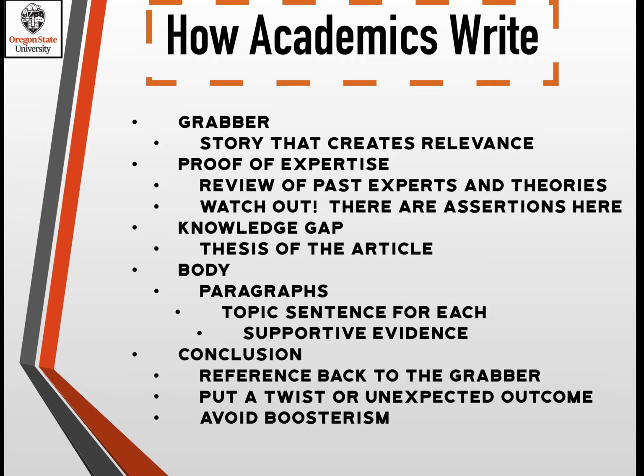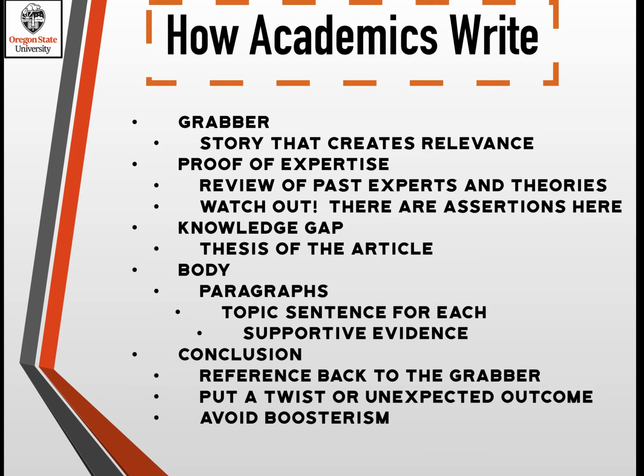Now, as strange as it sounds, in some scientific papers, this knowledge gap and where the assertion is actually made sometimes will come halfway through the paper. My wife has told me that they've been as late as 2/3 of the way through the academic papers that she goes through. Historians are going to be generally a little bit earlier than that, but they could be as deep as 1/3 of the way through the article.